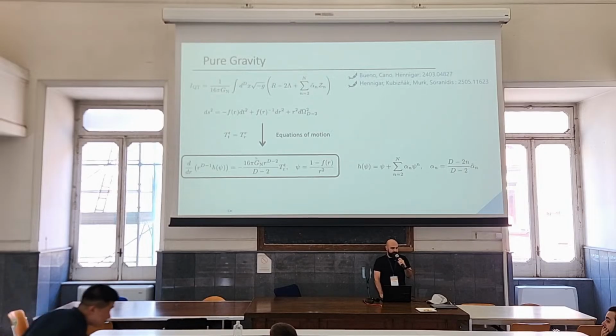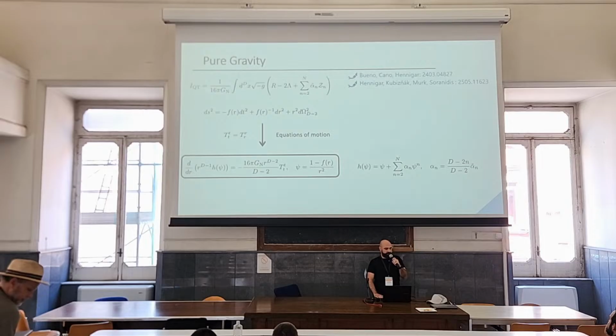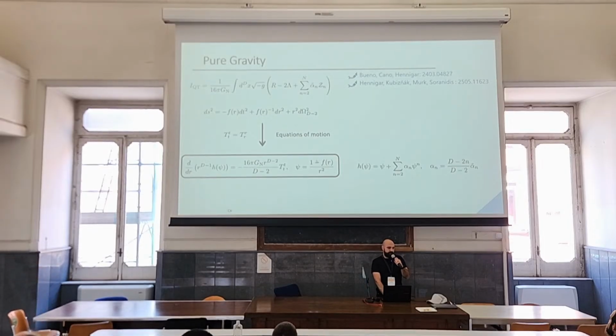The interesting thing for quasi-topological gravity is that once you integrate one of these equations, you basically need to solve an algebraic equation for \psi, and doing that, you can immediately find the metric function f(r).